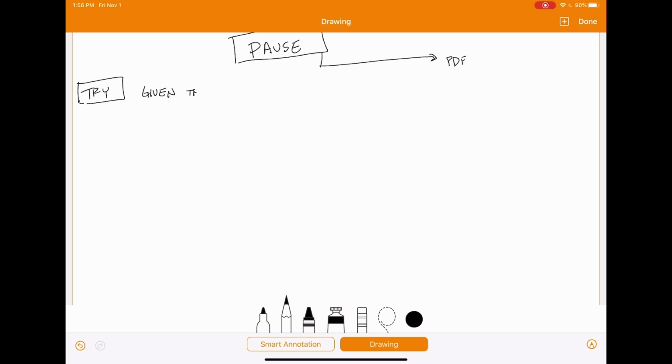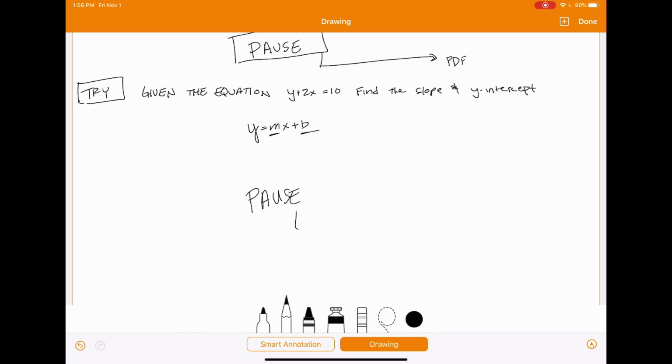Given the equation y plus 2x equals 10, find the slope and y-intercept. All right, so the first thing you're going to have to do is get it in the form y equals mx plus b, and then you can identify your slope and your y-intercept. So again, pause the video, take a second, and solve that one, and you'll find the solution in the PDF below.